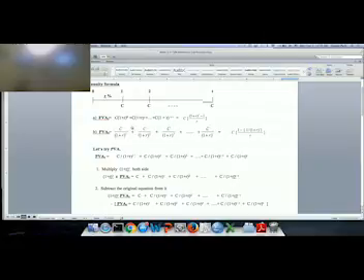Hopefully you can see. Then the leftover is C, so here we have only C.